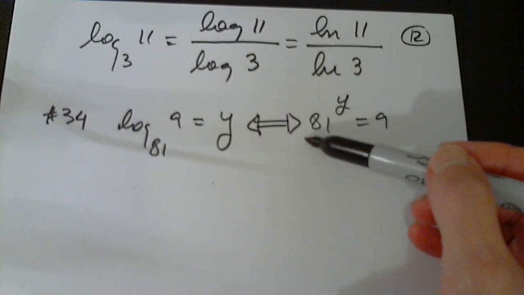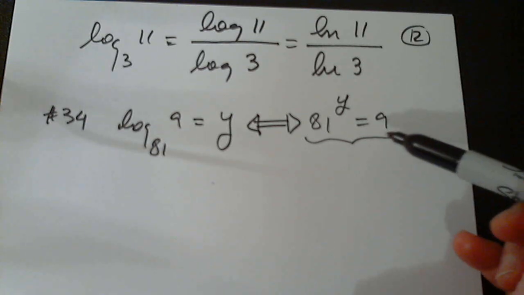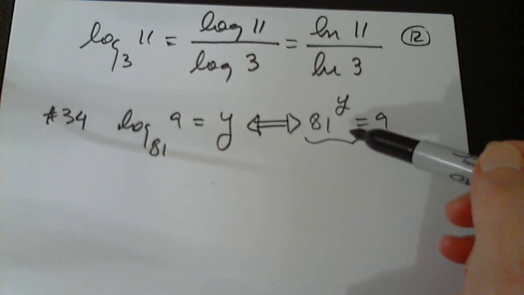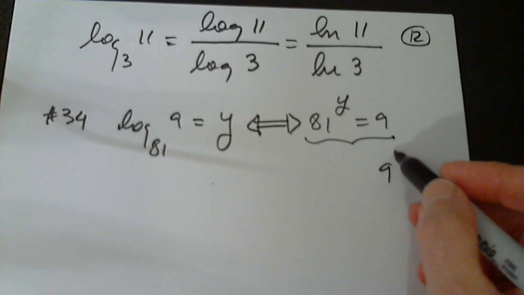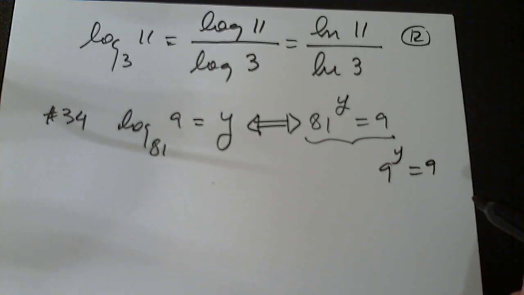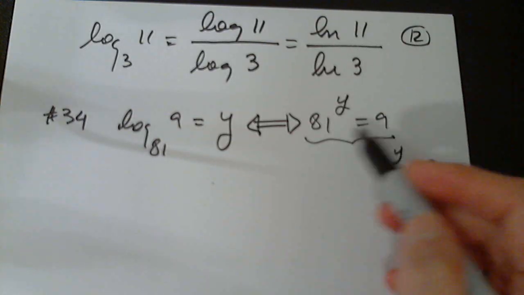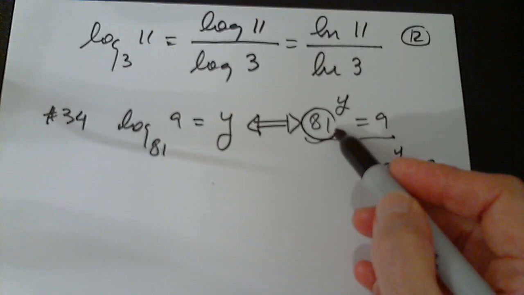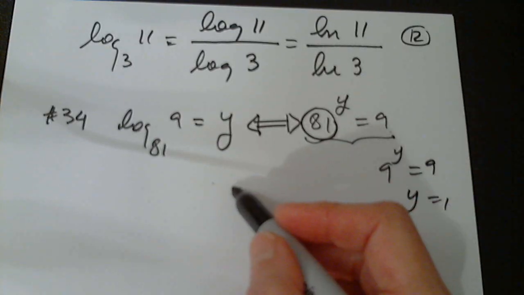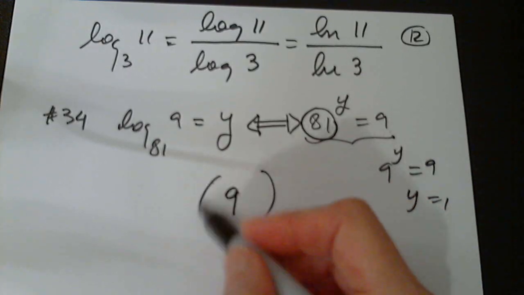So now, how do I solve this? Because I don't have the same base. If the left-hand side were, let's say, 9 to y and the other side is 9, then I will know y equals 1. But it's not the same. But can I change this maybe into 9 to some power?